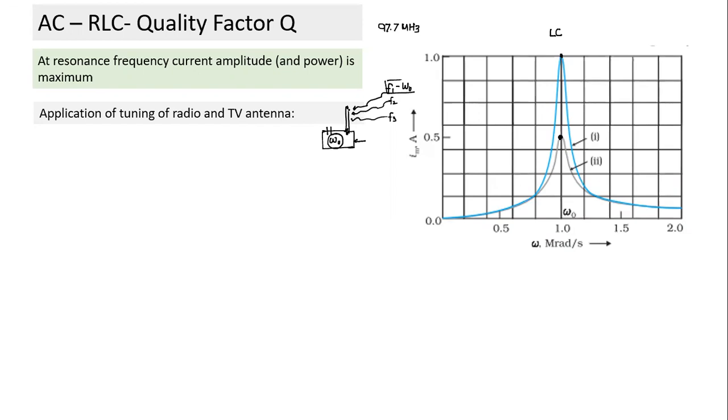When both match, that gets amplified. The rest become insignificant, like low frequency, with very low current. That's the only thing we need to understand. It makes some common sense. So the antenna is an inductor, sir. Not exactly, but the circuit connected to the antenna will have an inductor as well as a capacitor, an LC circuit.